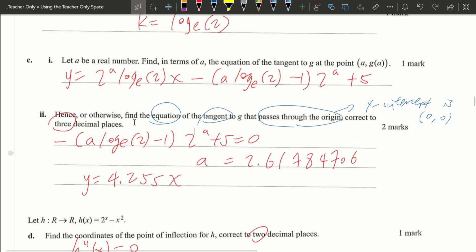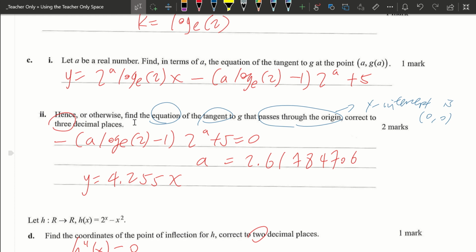But that's not the right wording or phrasing or grammar. You cannot write an equation correct to 3 decimal places because it has an equal sign, it has y and x, it has pronumerals, it has letters. You can only write numbers correct to 3 decimal places.